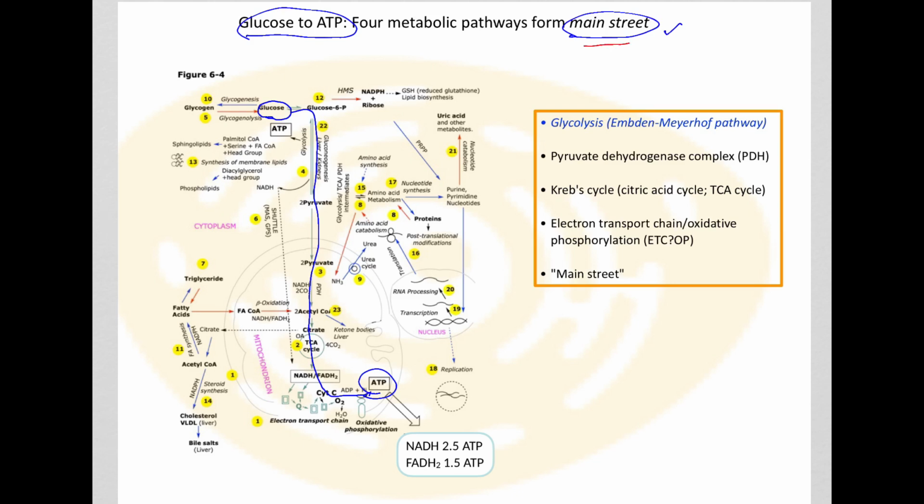This Main Street is made up of 4 parts: glycolysis, PDH, the Krebs cycle, and the electron transport chain coupled to oxidative phosphorylation. And in today's video we shall look at the first part called glycolysis.